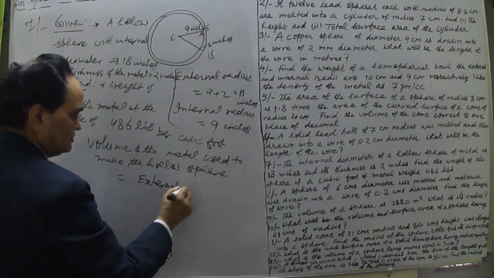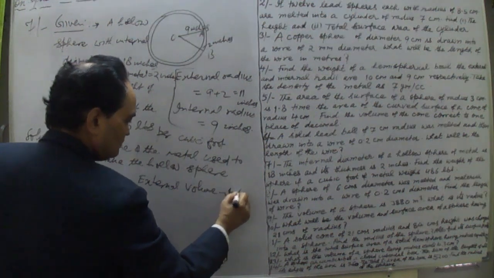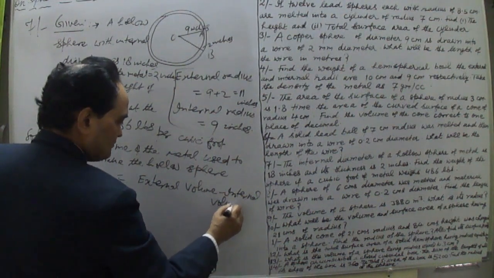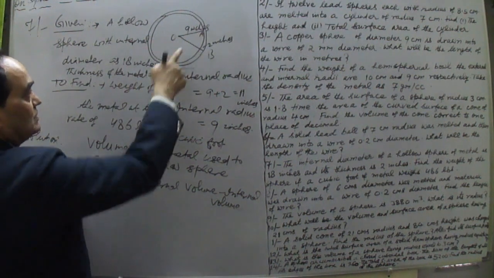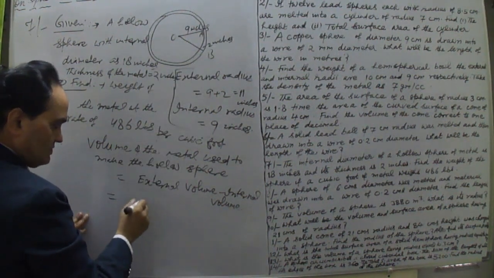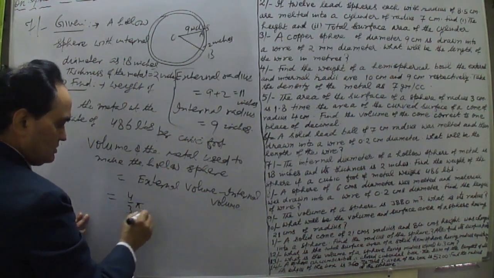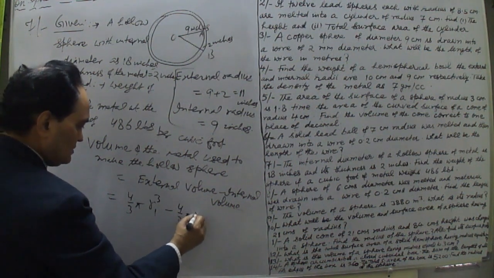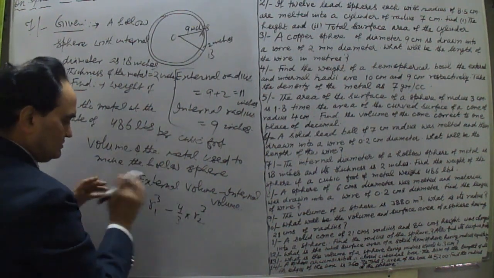Let me write the formula here: external volume minus internal volume. What is external volume? The radius for this is 11 inches. So external volume is 4 by 3 pi R1 cube minus 4 by 3 pi R2 cube, because both the internal and external are spheres.